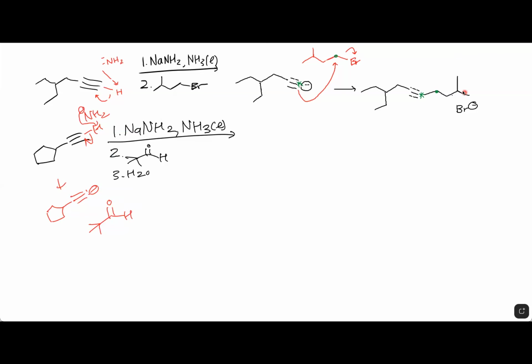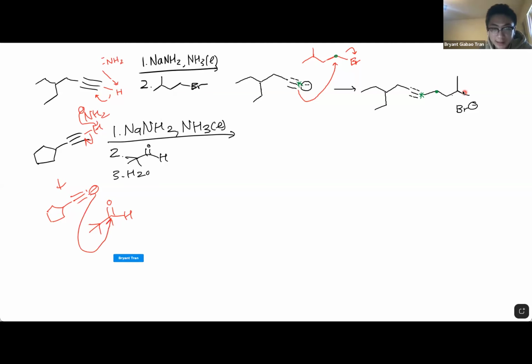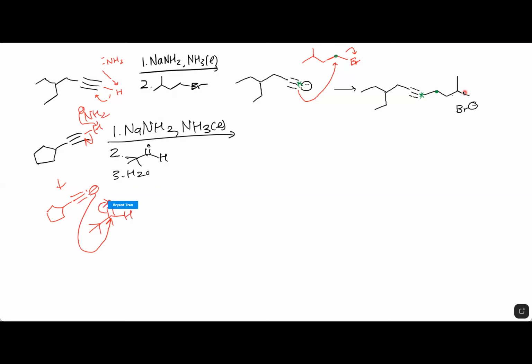Does the alkyne attack the positively charged carbon? Yes. And then what else moves after that attack? One of the bonds of the double bond to the oxygen goes to the oxygen. Yes. That's right.